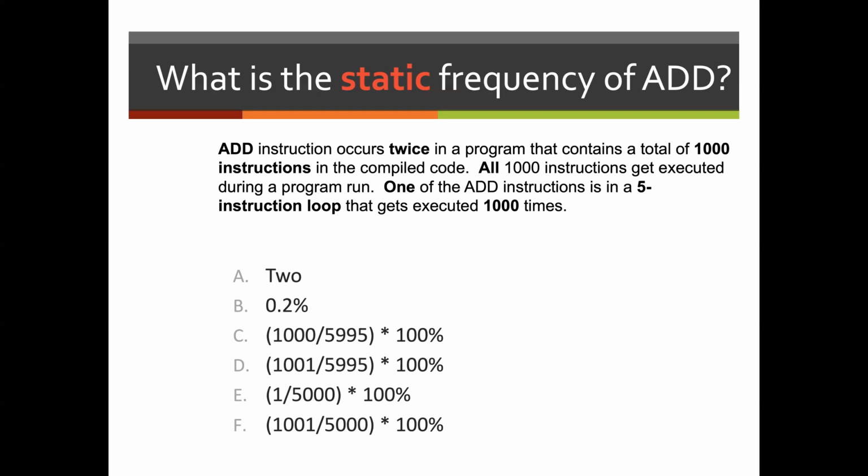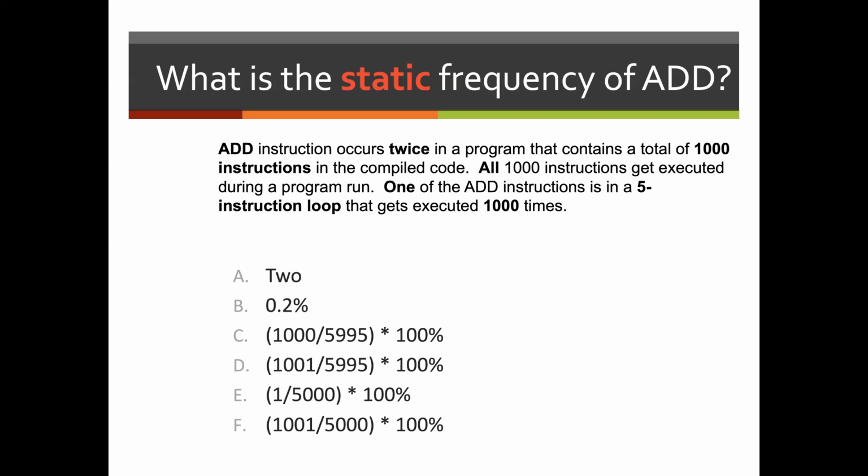Do we consider 1 divided by 5,000 times 100%? Or do we consider 1,001 divided by 5,000 times 100%?